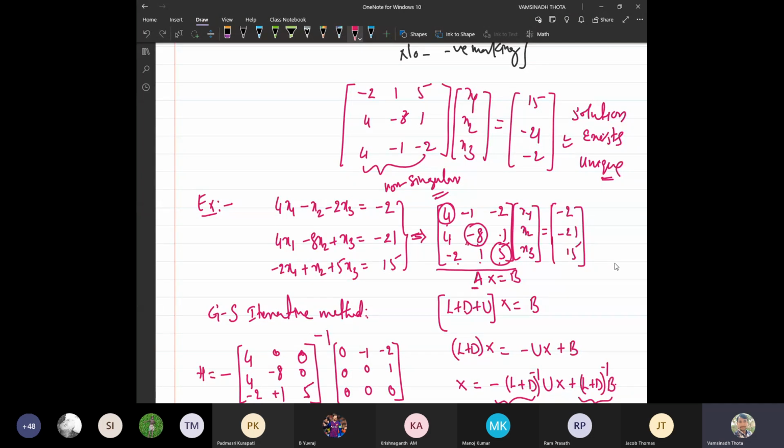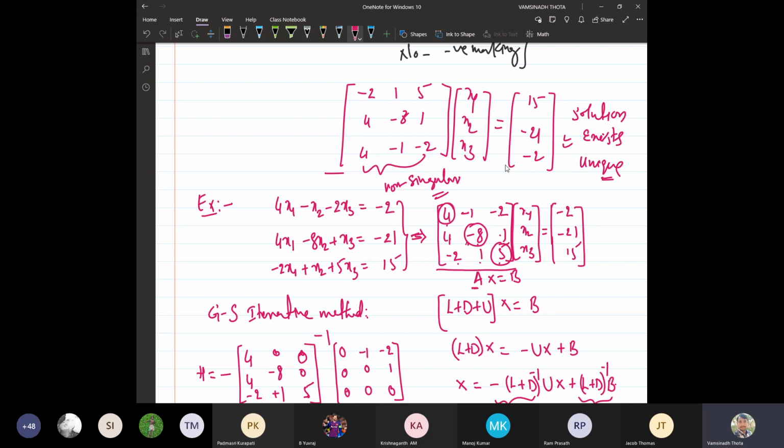If A inverse exists and you interchange some rows, then the resultant matrix will also be non-singular. If the coefficient matrix is non-singular, then the system will have a unique solution. So in that way, this system will also have a unique solution.